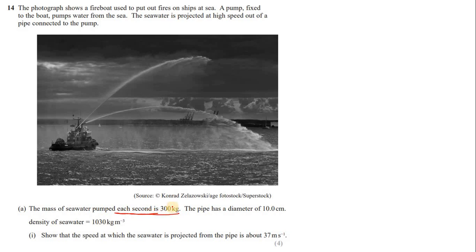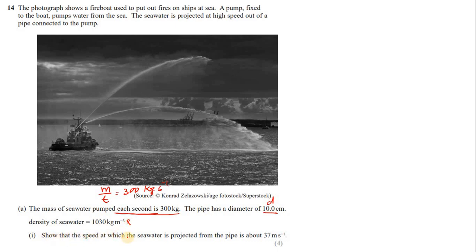So this is not just a mass, remember. This is m upon t, mass per second, which has the value 300 kg s^-1. Okay, the pipe has a diameter of 10 centimeter. This is D. Density of the seawater is 1030. This is rho.